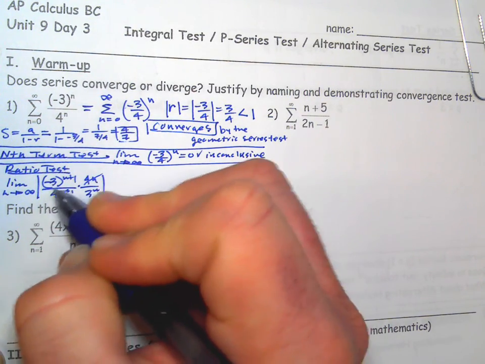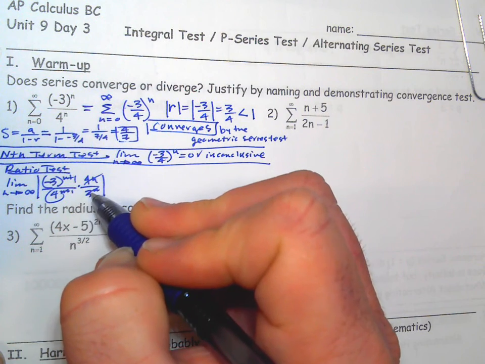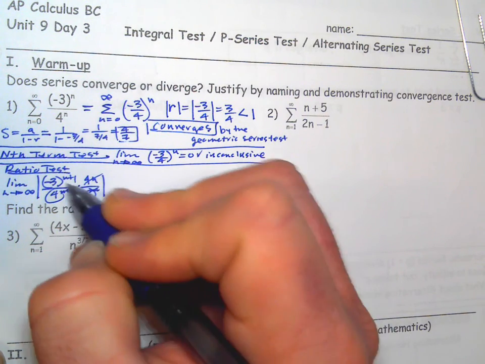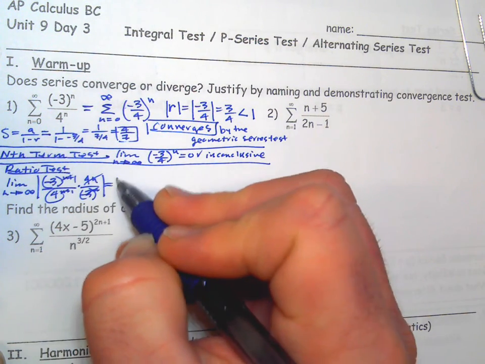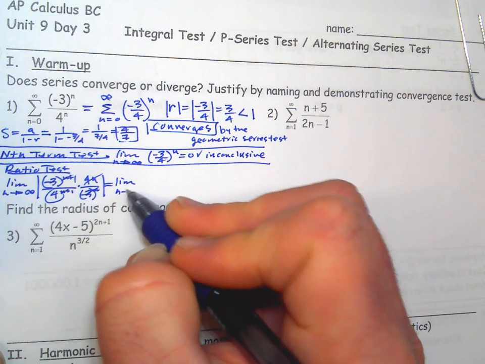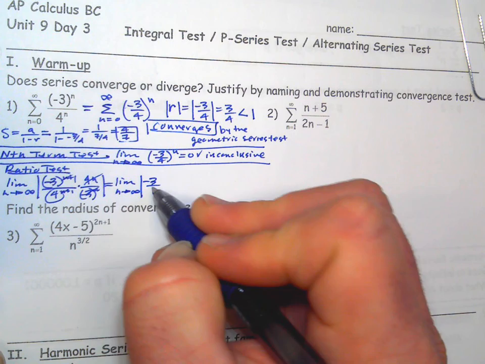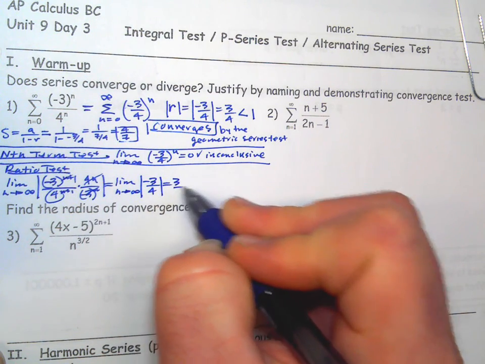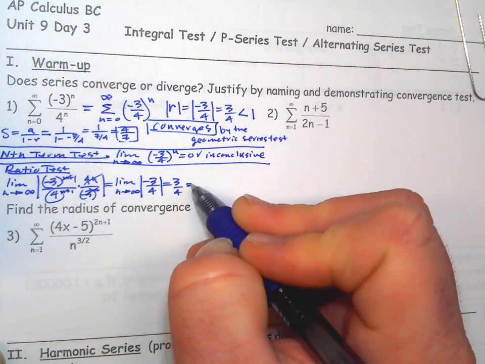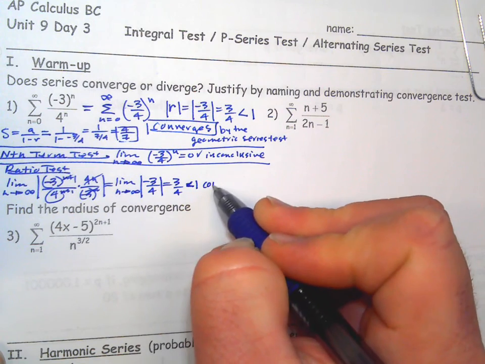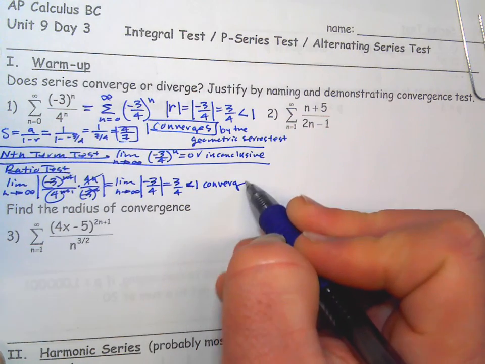Rules of exponents gives you the limit. I haven't even tried to take the limit yet. And I have 3/4, which is less than 1, which converges by the ratio test.